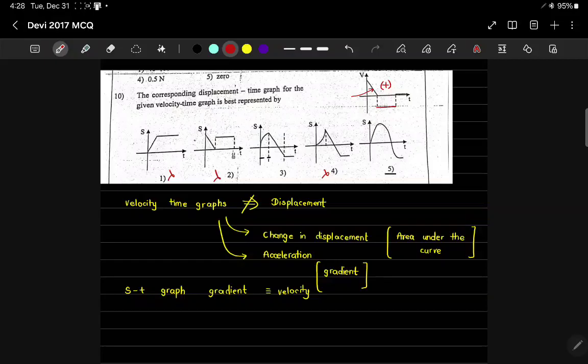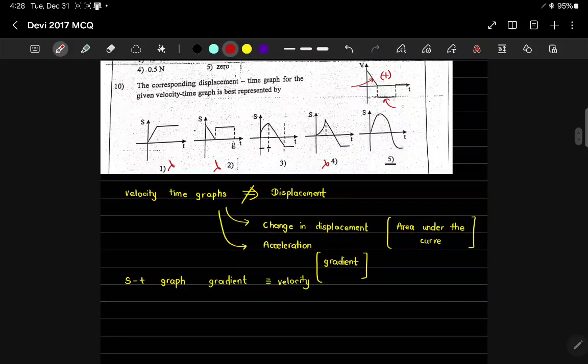Now in the next part, we have a negative velocity, and the value is constant. That means the gradient should be constant, and if the velocity is negative, the gradient also should be negative.